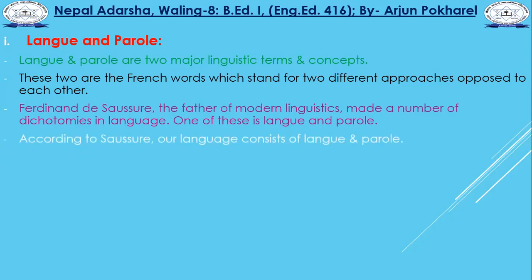According to Ferdinand de Saussure, our language consists of both systems, the langue system and the parole system. It should consist of langue and parole both.